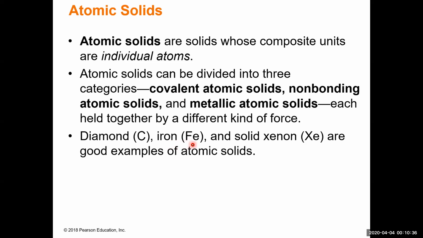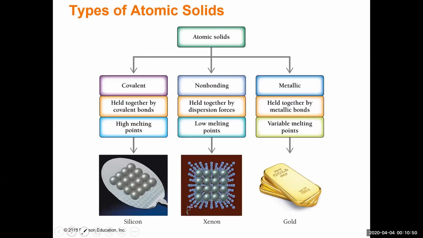Iron is an atomic solid. And then we have solid xenon, which is another example of an atomic solid. So again, atomic solids can be broken into covalent atomic solids, non-bonding atomic solids, and metallic atomic solids.